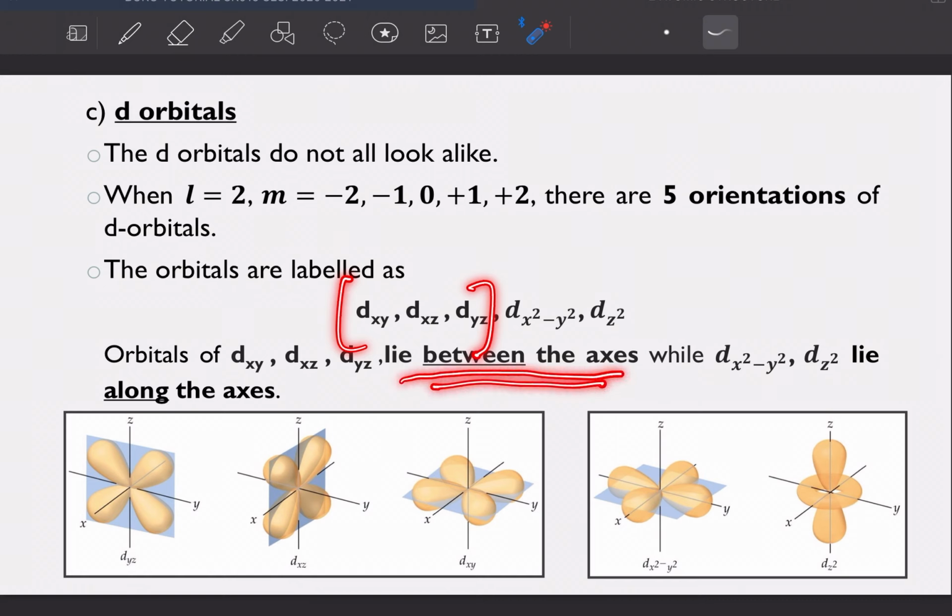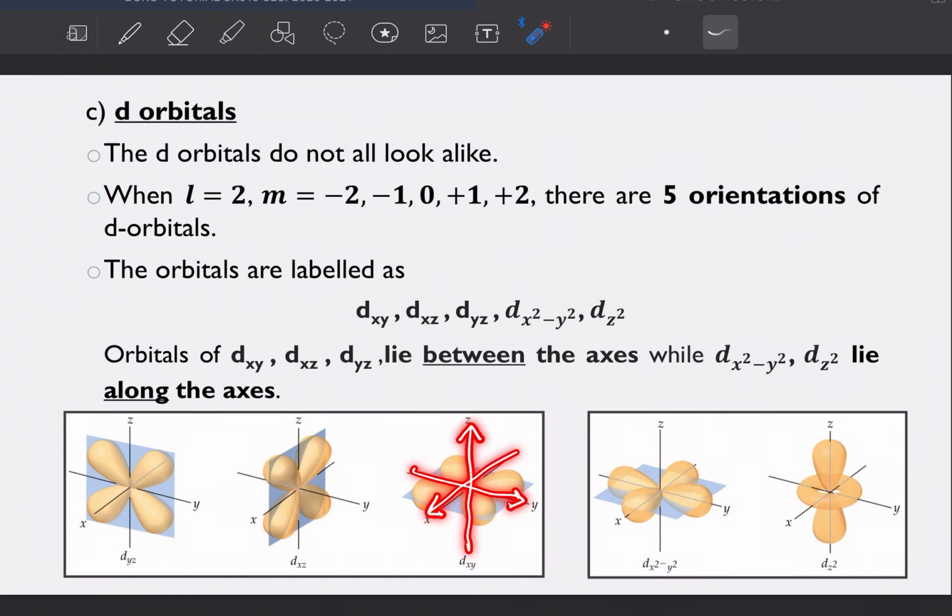Between the axis meaning, okay, when you have dxy, you draw your axis x, y, and z. So dxy means your lobes lie between the axis x and y.